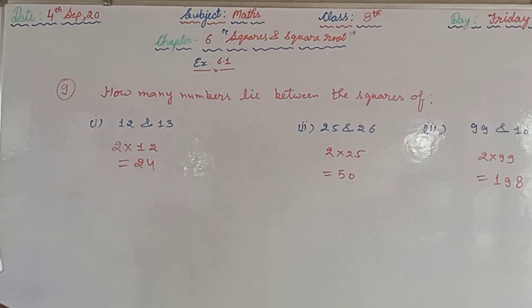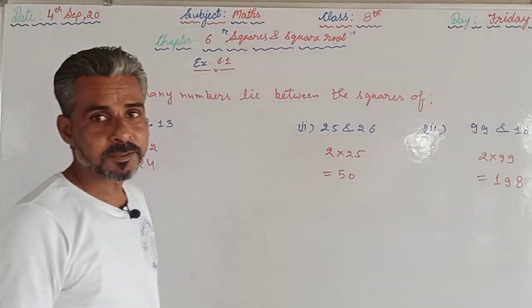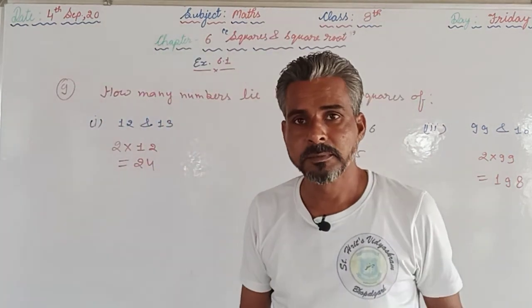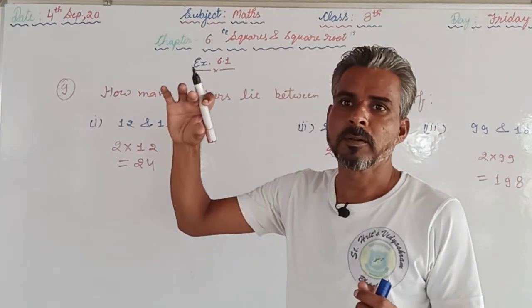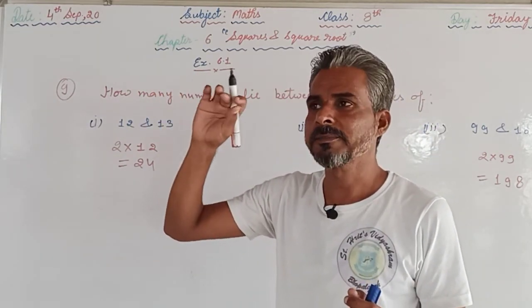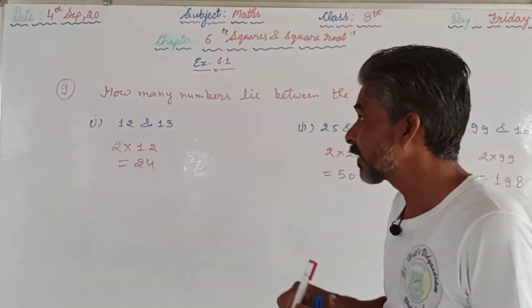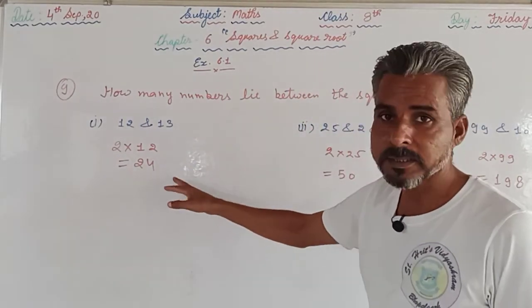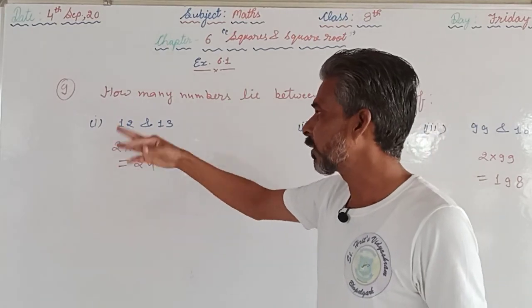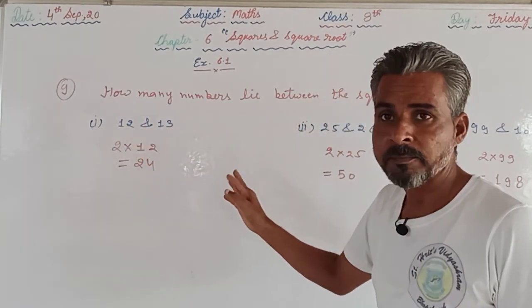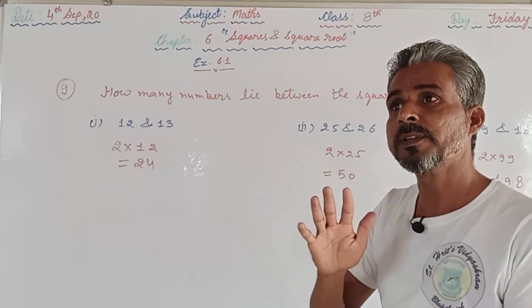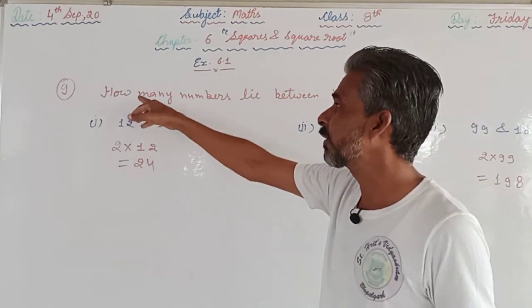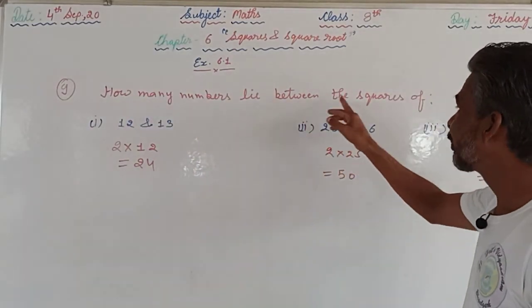So this is the smart move. In place of first writing all the numbers lying between the square numbers and then counting them, and at the same time verifying whether the answer is correct or not, you would write the numbers from 144 to 169, and you are not supposed to include 144 and 169, because the question asks how many numbers lie between the squares.